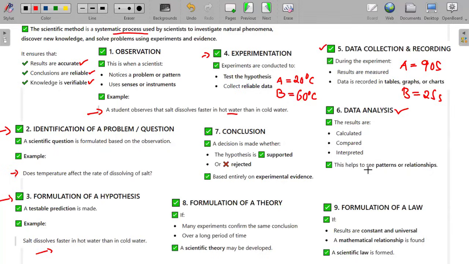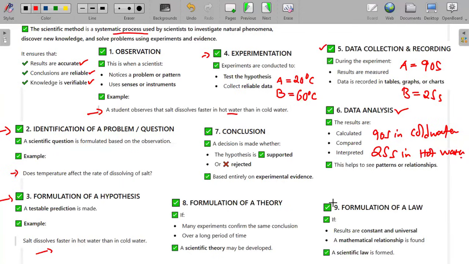So in your analysis, if we continue with our salt example, you can state: salt took 90 seconds in cold water, and then 25 seconds in hot water. So you have analyzed your data.